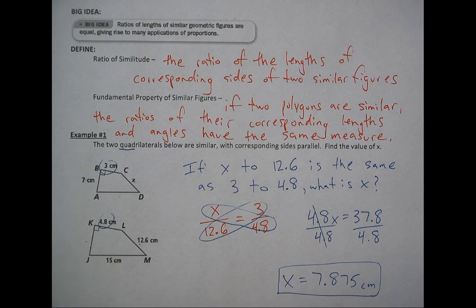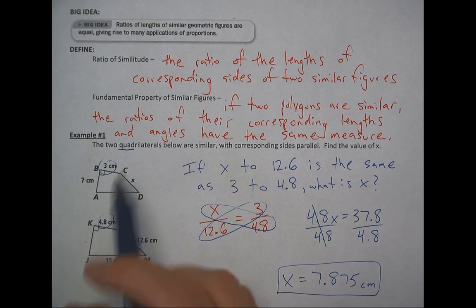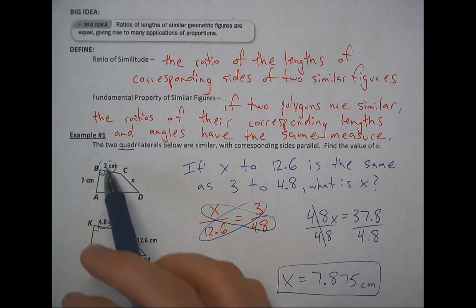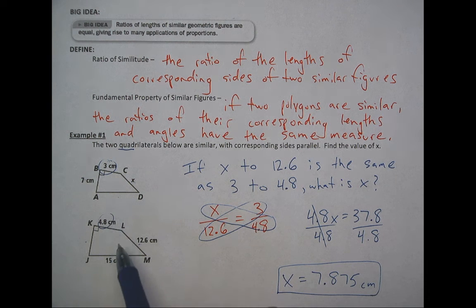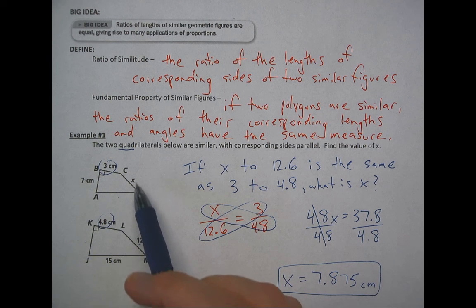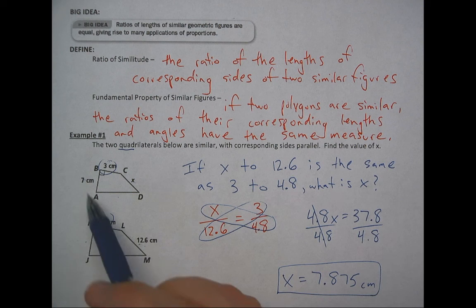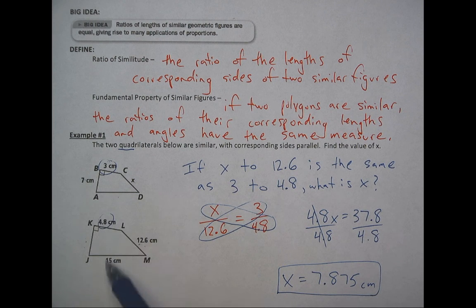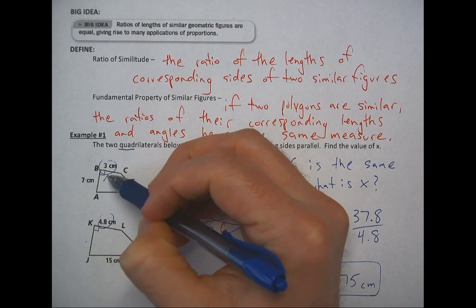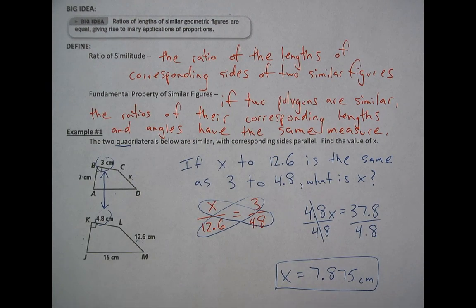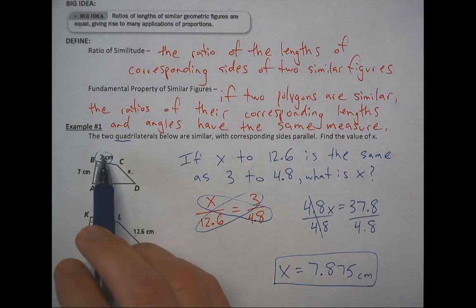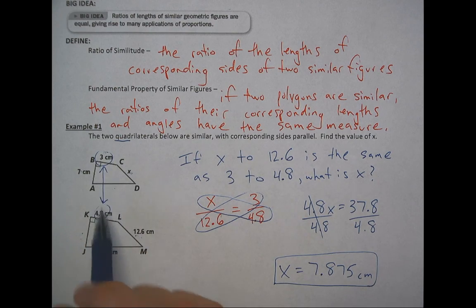I have to find sides, corresponding sides that have a match. So I can take the relationship that's given to me between these two and relate it to the relationship between my variable and then its corresponding side. Over here, I don't have enough information. Over here, I don't have enough information. So I specifically had to choose to relate the variable to the tops because there were 2 numbers there.